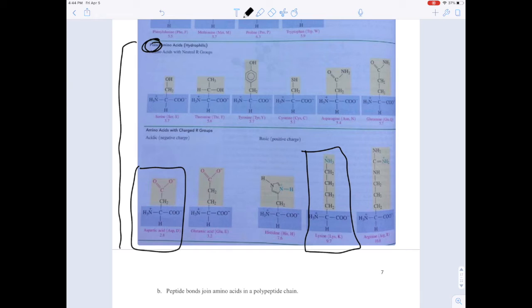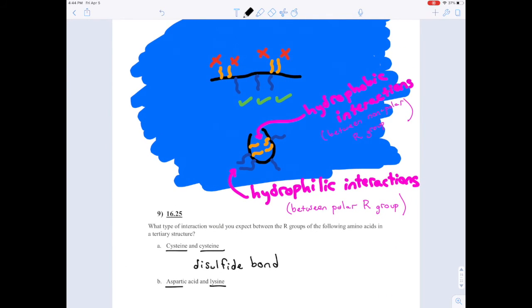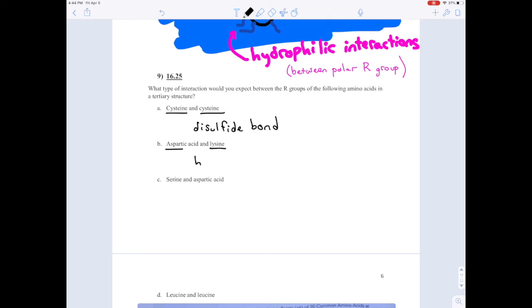These two R groups are polar. You can see it because they have nitrogens and oxygens in them. And so they are going to interact through hydrophilic interactions. So we can write hydrophilic interactions.